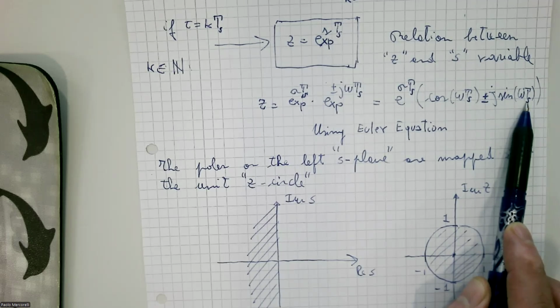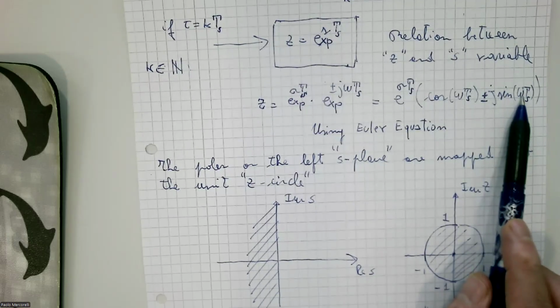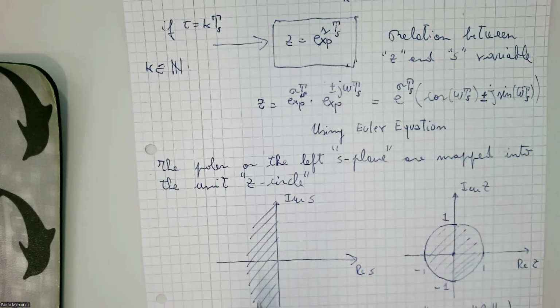Therefore, I told you pi. If this is pi, sine of pi is 0, cosine of pi is minus 1. If you go up a pi or a minus pi, I have this point here.